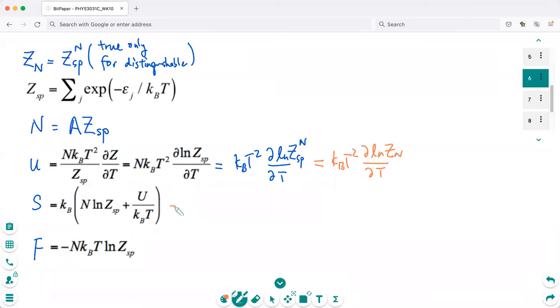And likewise here, I will have k_B log of Z_n plus U over k_B T. And similarly, I have this minus k_B T log.